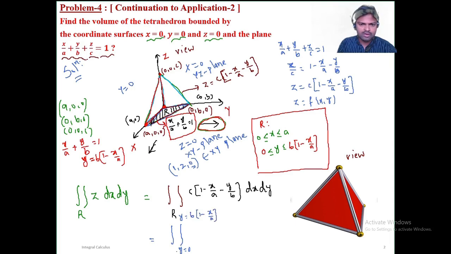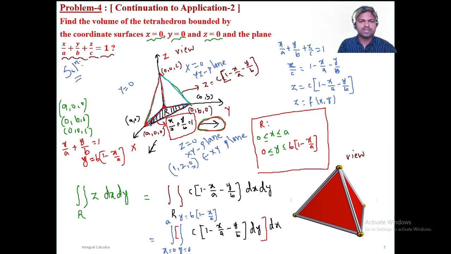And x is varying from 0 to a, and the integrand is c into (1 minus x upon a minus y upon b). So first with respect to y, because y is dependent, after that with respect to x.